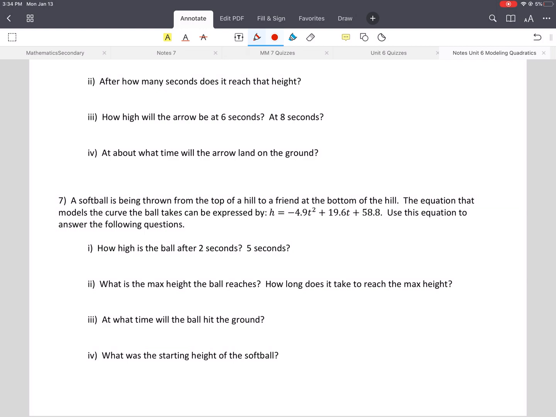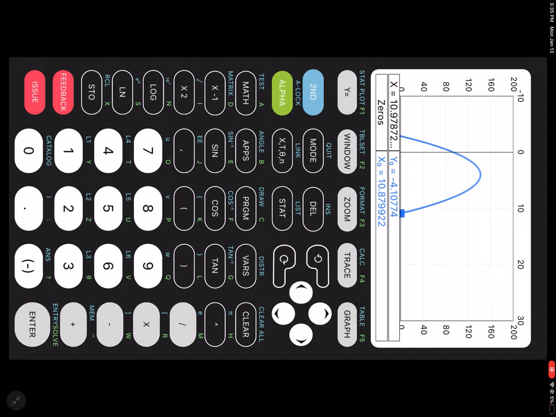The equation that models the curve the ball takes can be expressed by that equation. Okay, use the equation to model the following questions. So I'll go back and we'll plug that into our calculator.